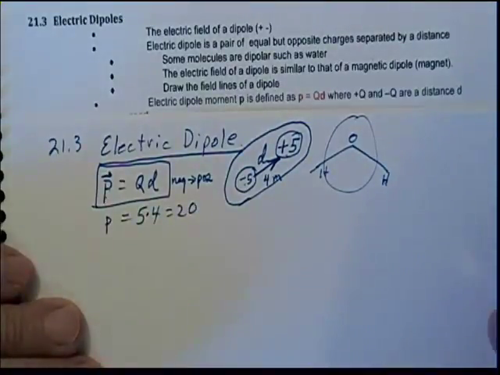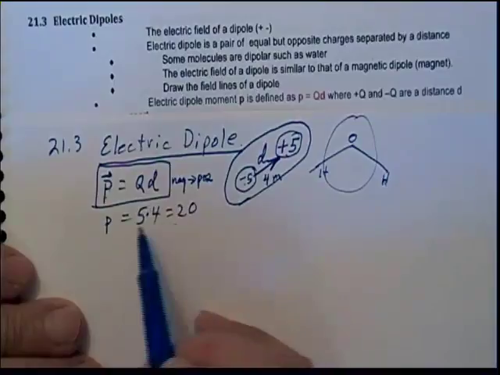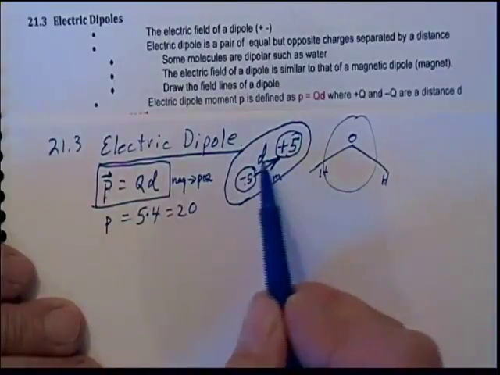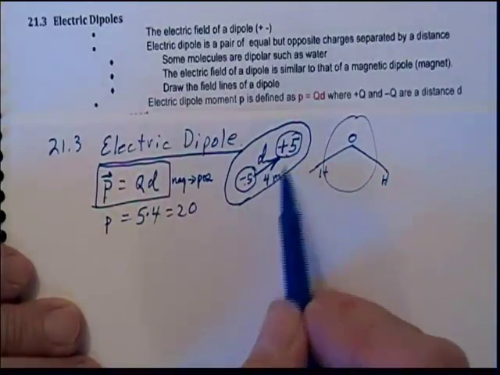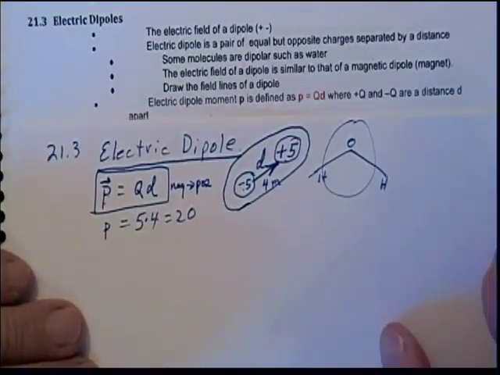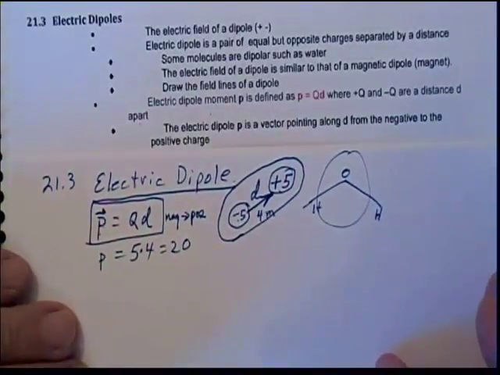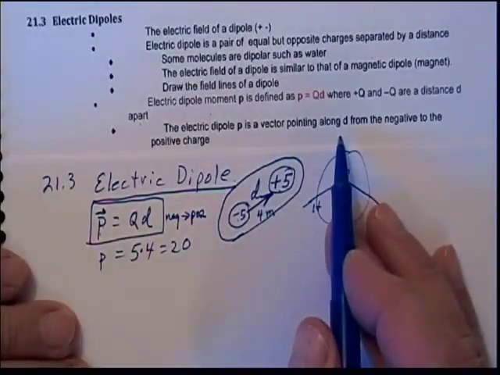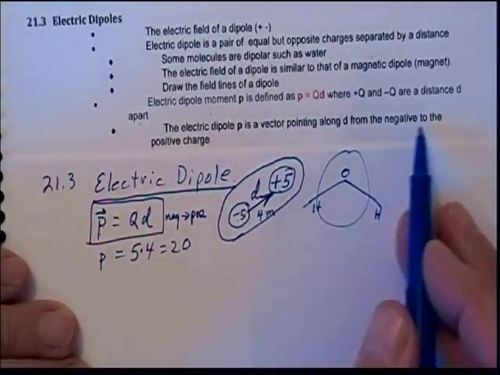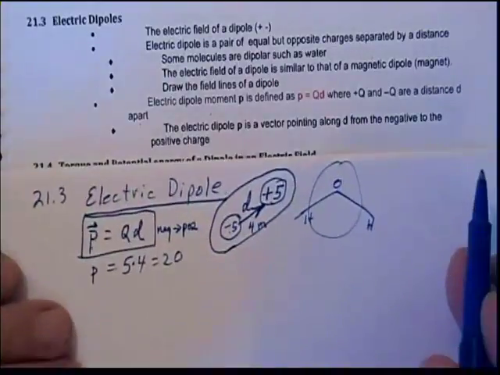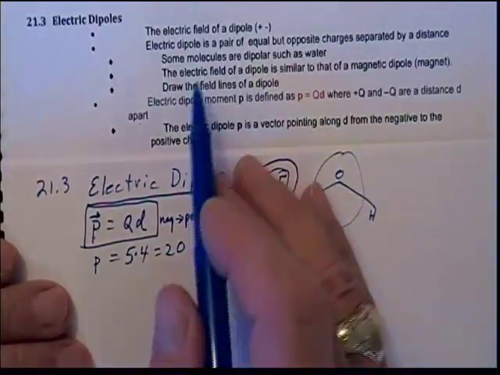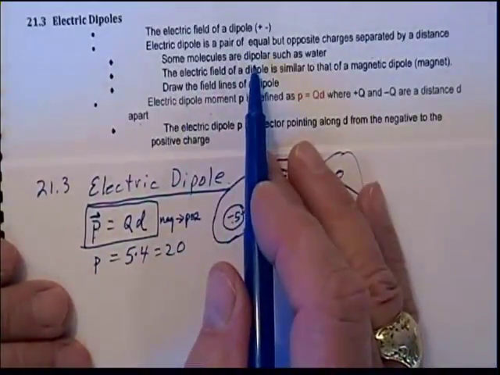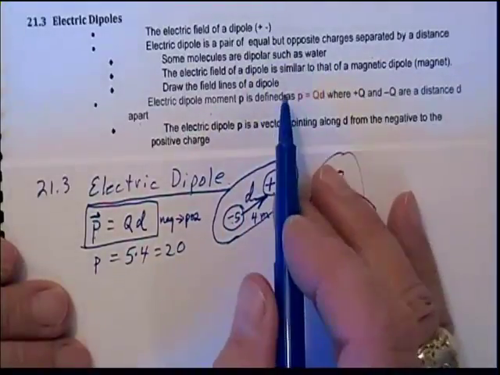Well, 20 what? 20 coulomb meters. And there's no name for that unit either. And so the electric dipole is a vector that points along the distance between the charges from the negative to the positive center. And many of these molecules are dipolar in nature, as with the water I just described.